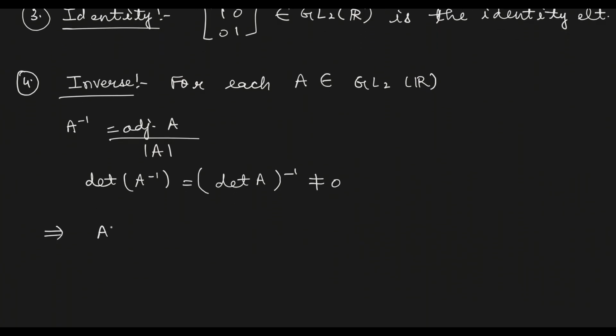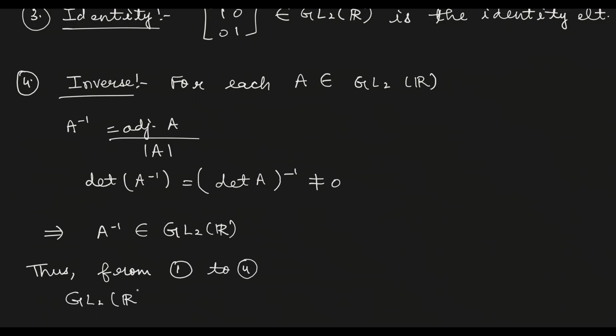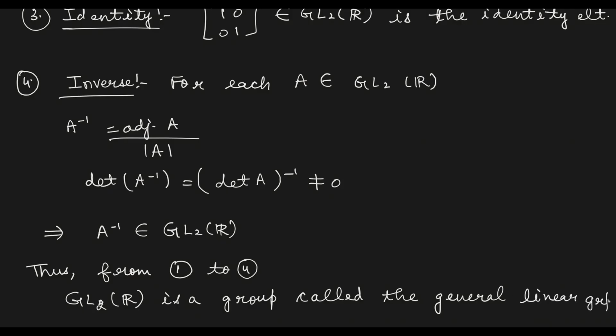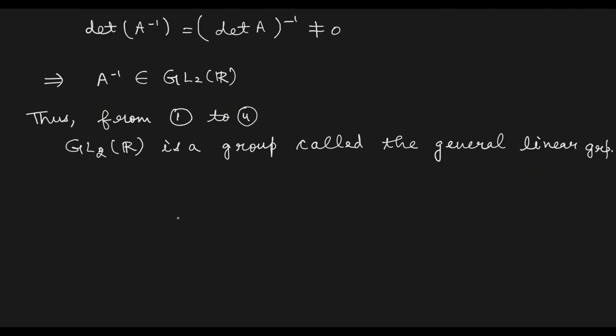This implies A inverse belongs to GL2R. Thus, from first to fourth properties, GL2R is a group, called the general linear group, with real entries.